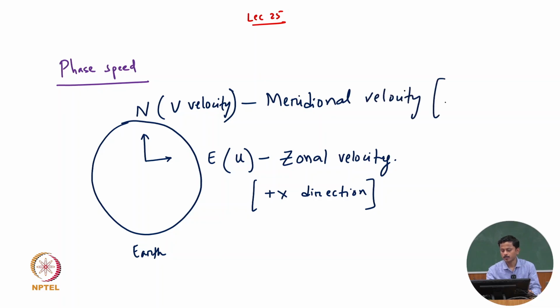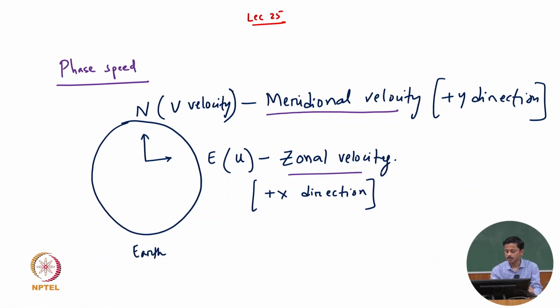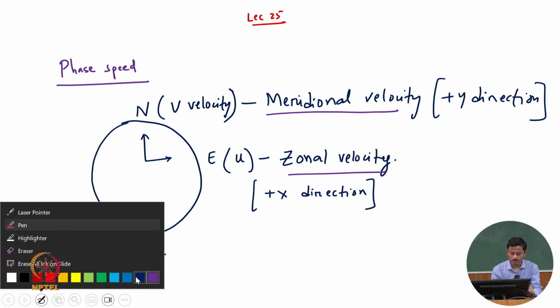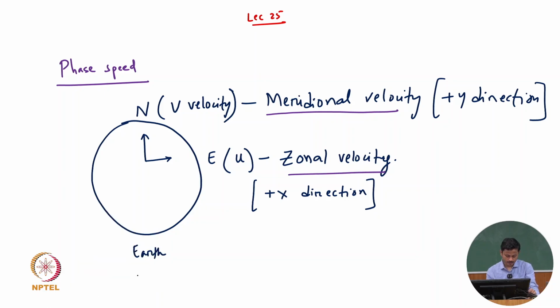This terminology may appear in our discussion, and hence it is important for us to clarify at the beginning of the lecture. There is meridional velocity and zonal velocity, and you will frequently see this in the literature related to these fields.